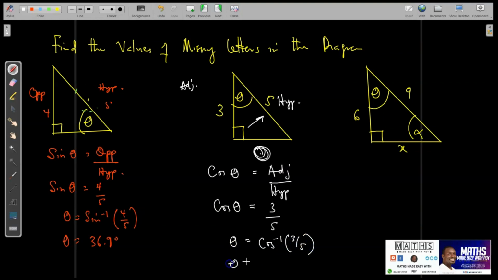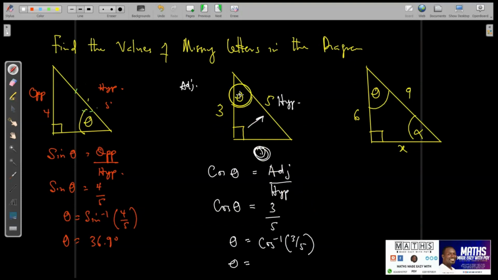Yes, please. I thought the adjacent side is the horizontal one. All right. The adjacent side is not the horizontal one. It is the position of the acute angle that determines which side is going to be opposite and which side is going to be adjacent.